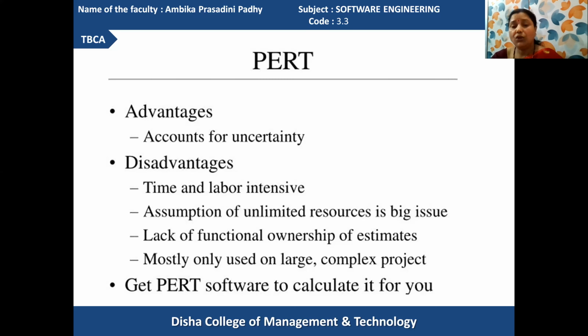But you can perform the PERT evaluations by using certain PERT software. The PERT software will help you to evaluate the most likely, optimistic or pessimistic time or resource requirement for each subtask. Got it? You can watch that using this diagram.